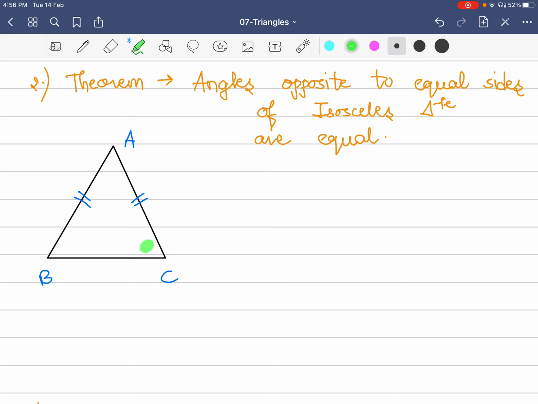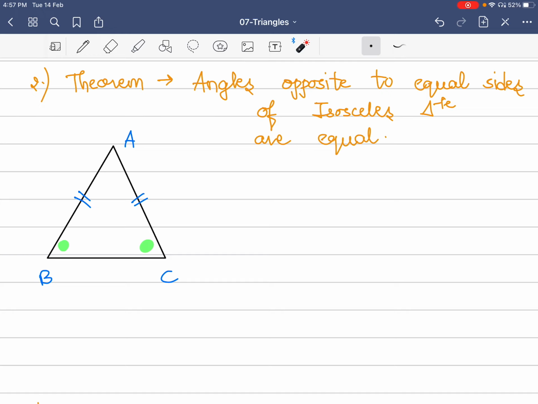This angle, and the angle opposite to the equal side AC is this angle, angle B. So angle B and angle C are the angles opposite to the equal sides. That's what the theorem is focusing on: angles opposite to equal sides of an isosceles triangle are equal. The theorem says that angle B is equal to angle C. These two angles, opposite to the equal sides, are equal in measure.